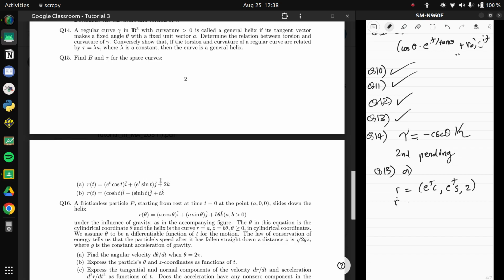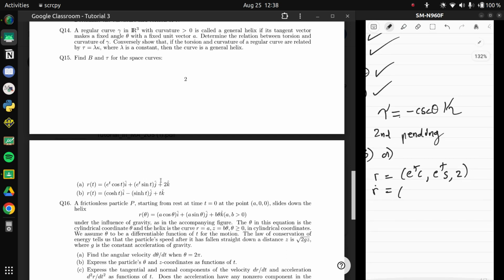So what's r dash? Sorry, r dot. r dot is just take a derivative of that. So it's e power t cosine minus sine, comma e power t sine plus cosine, comma 0. r double dot, that would just be minus sine plus cosine, cosine minus sine plus cosine.